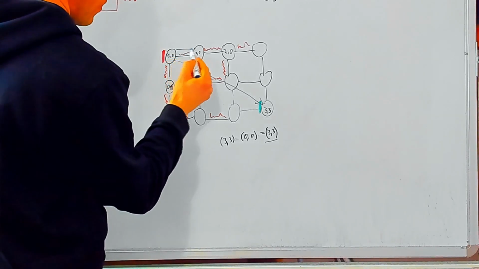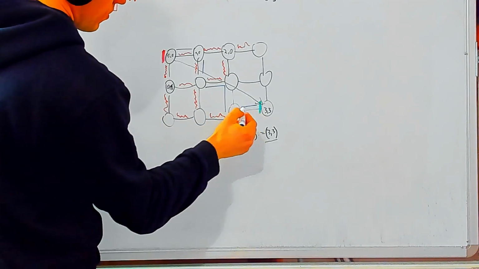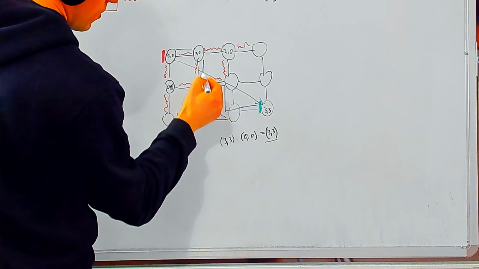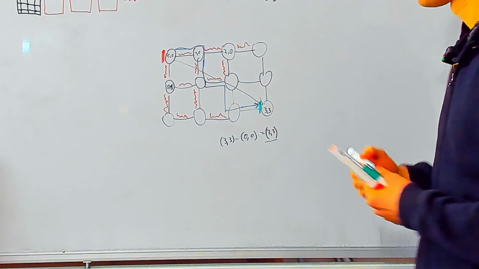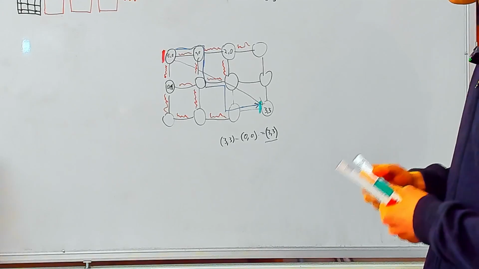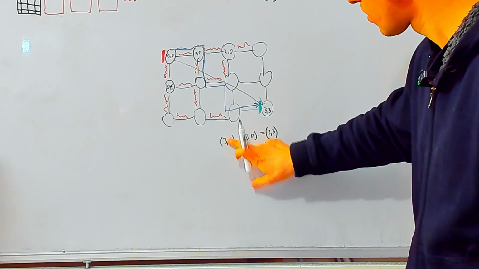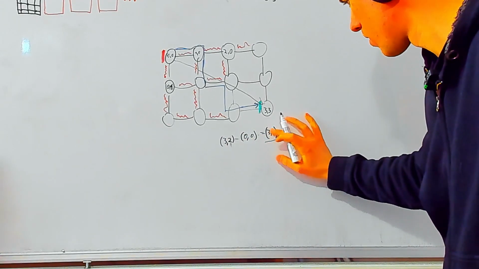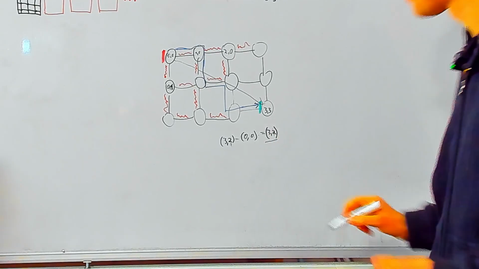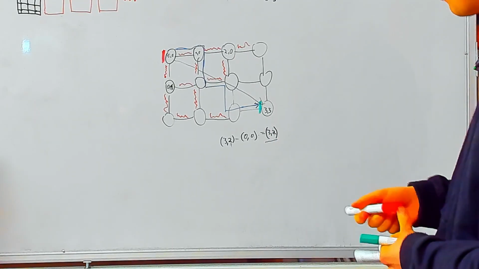So this would, for example, be this. It's actually 3, 2. Oh yes, it's actually 3, 2. And now we have, for example, this path, the blue path.